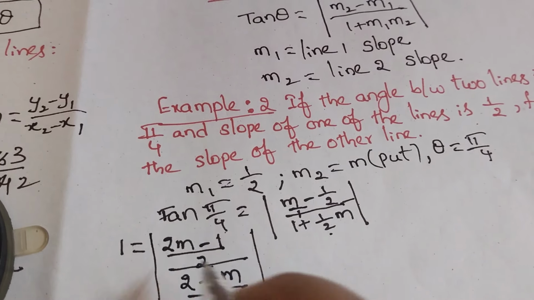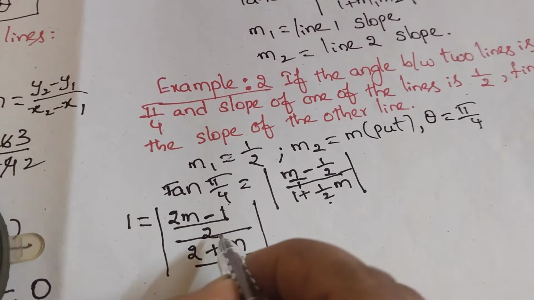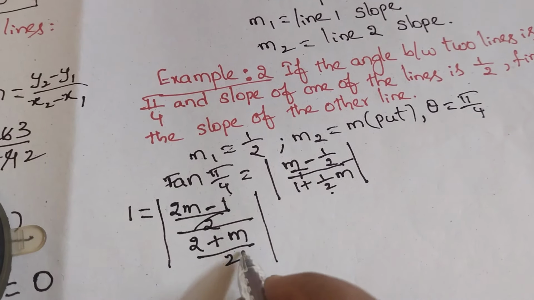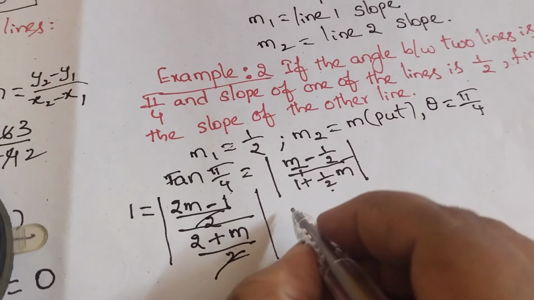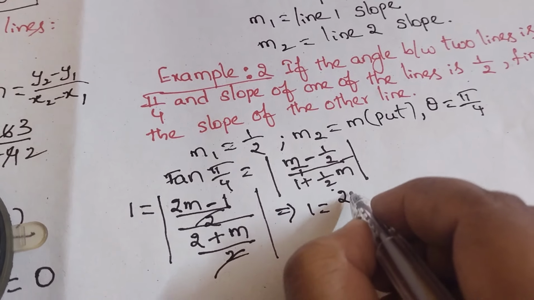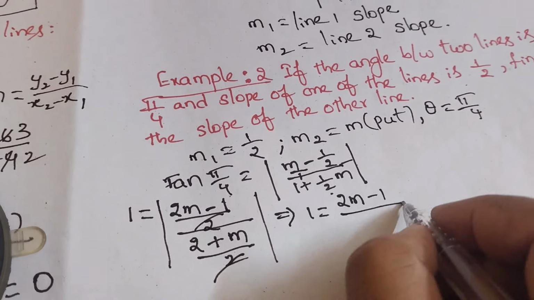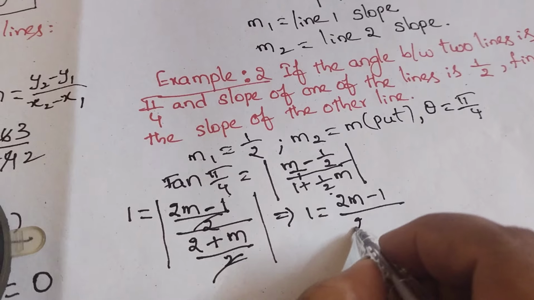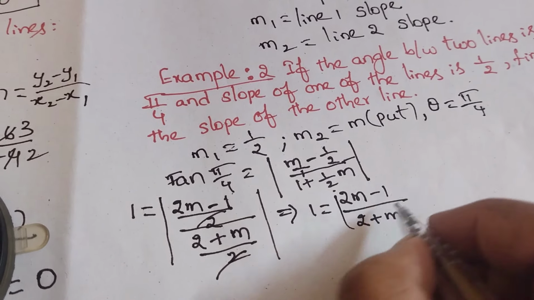Take modulus. So here numerator having 2, denominator also having 2, 2 cancel. So from this 1 is equal to mod of (2m minus 1) divided by (2 plus m).